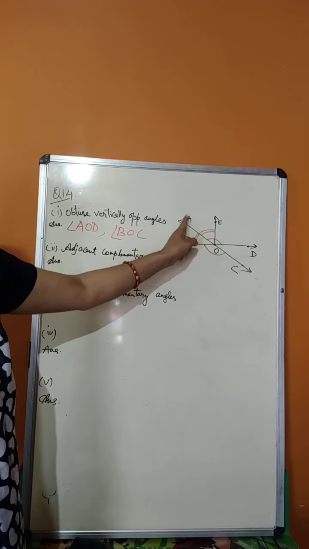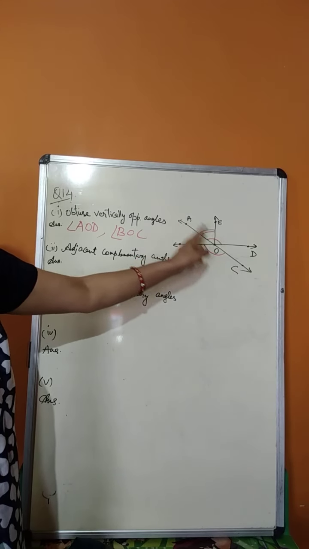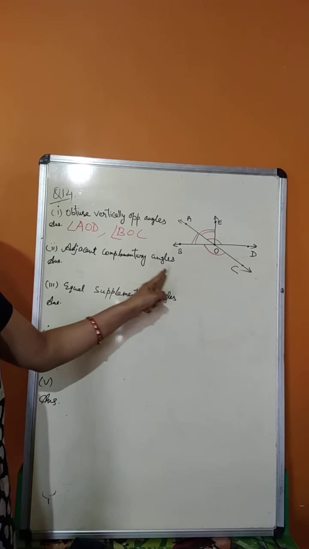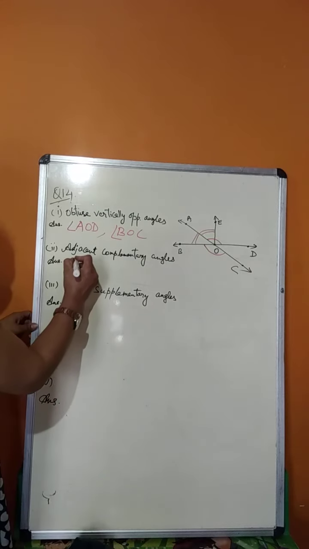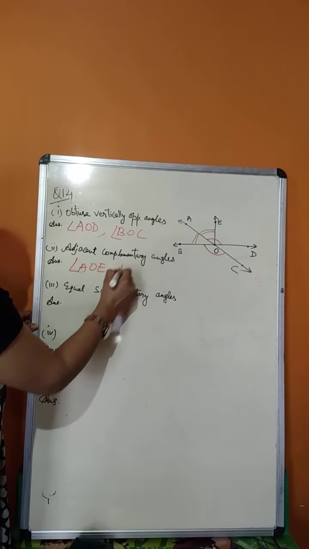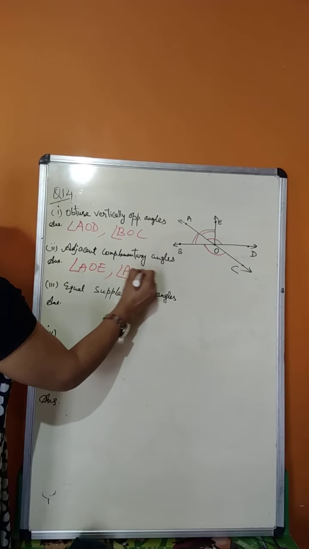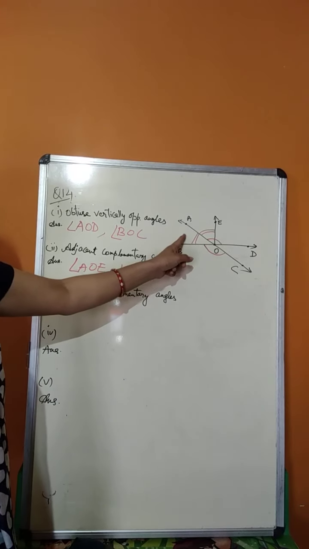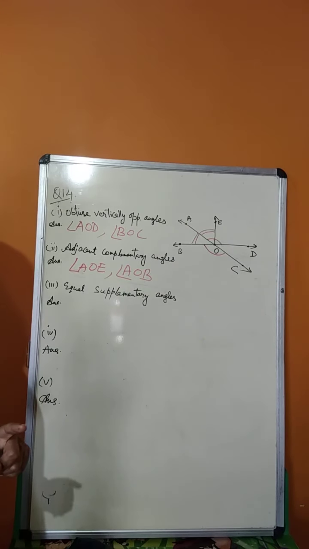So angle AOE and AOB will be adjacent complementary angles. We will write angle AOE, angle AOB.